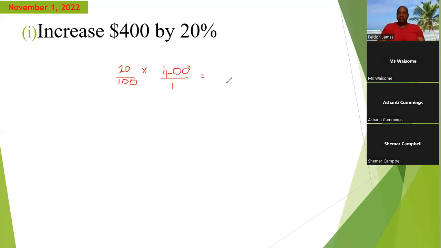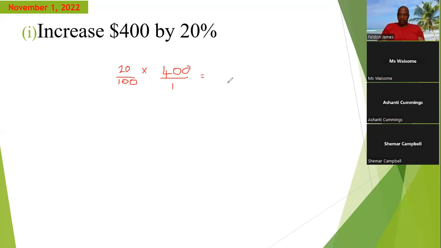Sir, could you repeat that, please? You're saying that we're trying to find the increase. So I'm asking you, what is it that the increase would be based on what you have here? 80%, sir. Hmm? Did you hear what I just said, Ms. Cummings? The increase, sir?